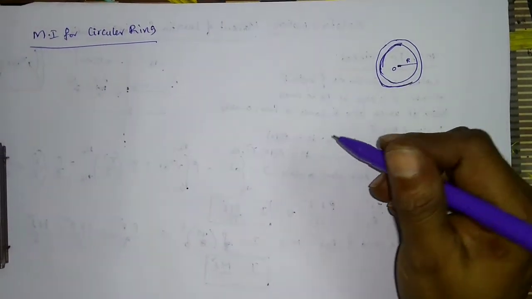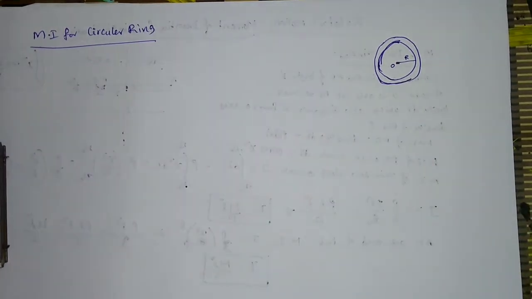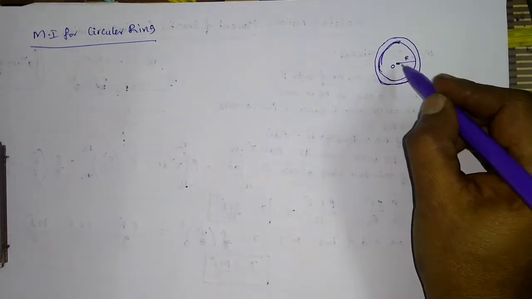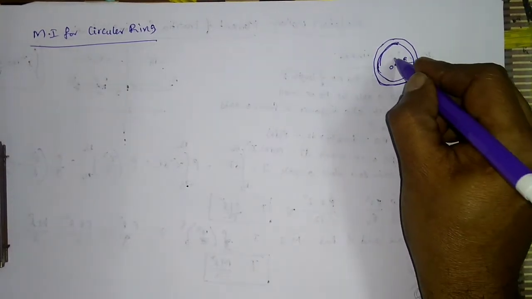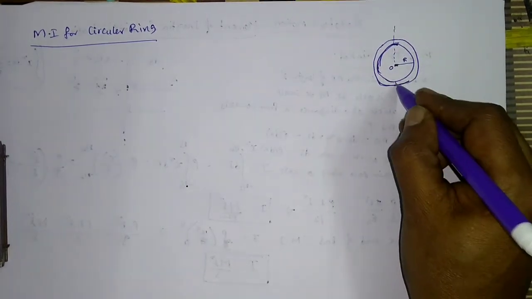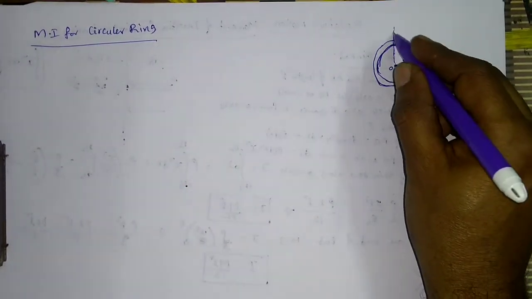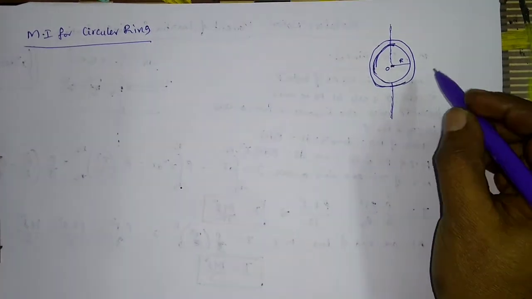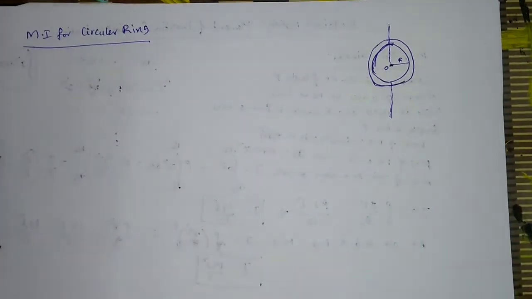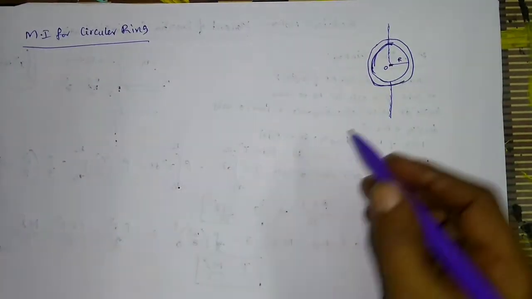In the circular ring, you can derive for two cases. One is the moment of inertia passing through the center of the ring perpendicular to the plane, like this. And another is along the diameter.